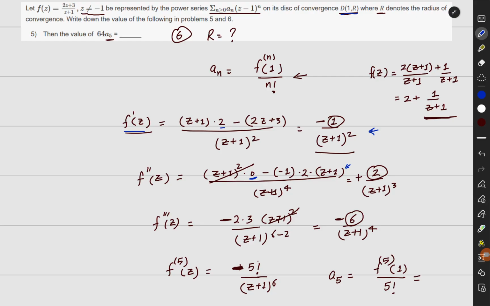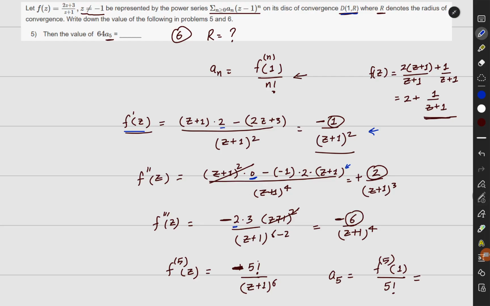You see, we are following a pattern: minus 1, then plus 2, and in the denominator the powers are increasing. So let's calculate the third derivative and then we will see. In the third derivative, what happens? The 2 stays as it is.